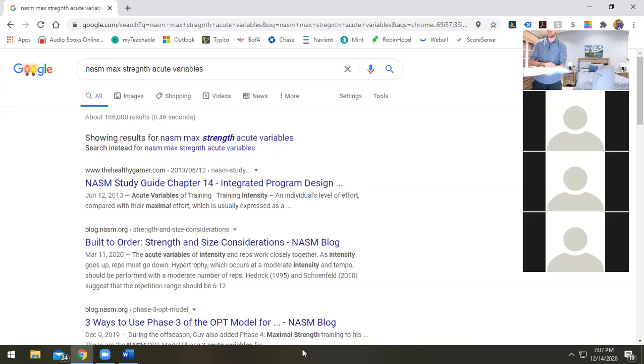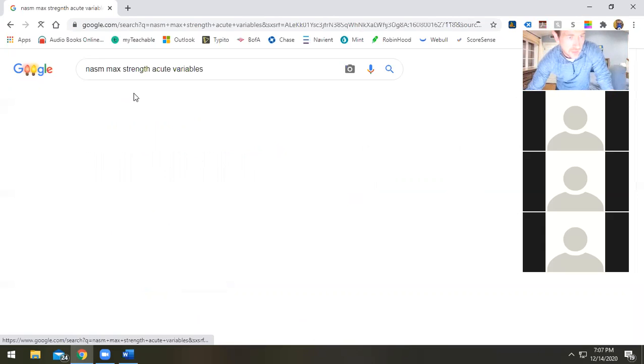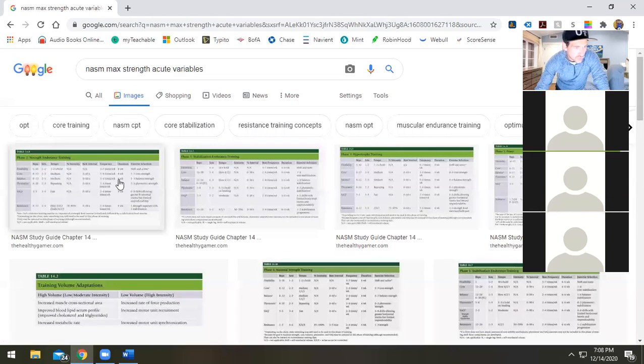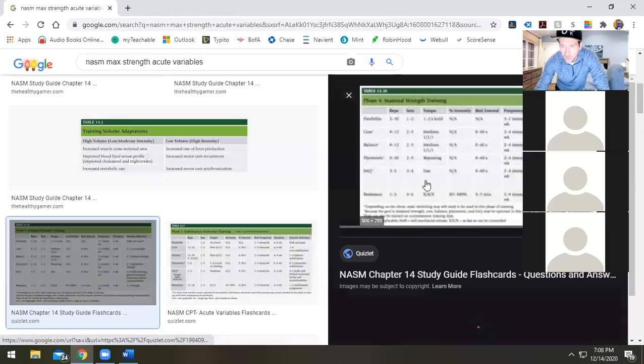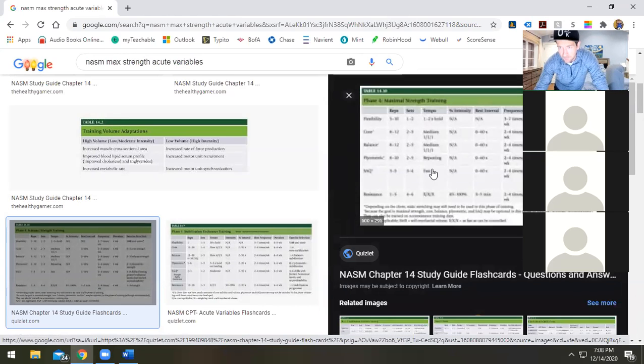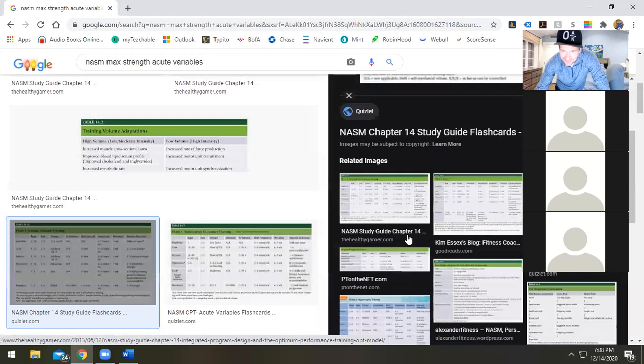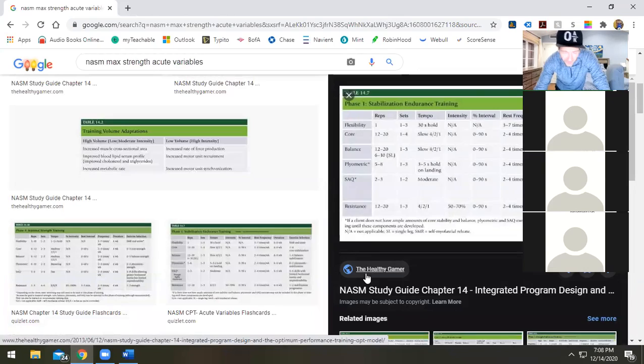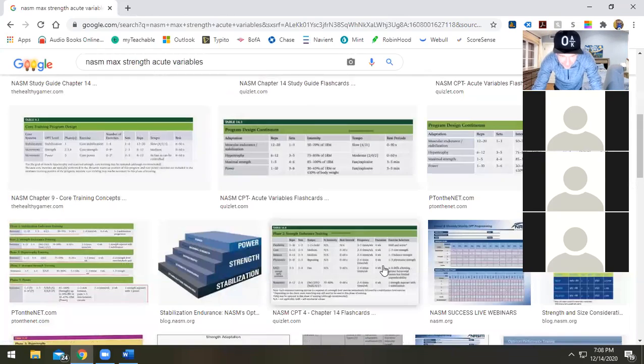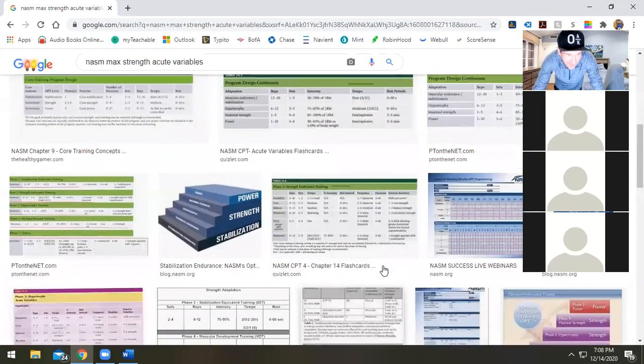You will see the max strength table. And it'll look like this. So you'll see these little asterisks at the bottom. Oh my God, are you kidding me? No, hold on. I gotta find a high enough quality one.